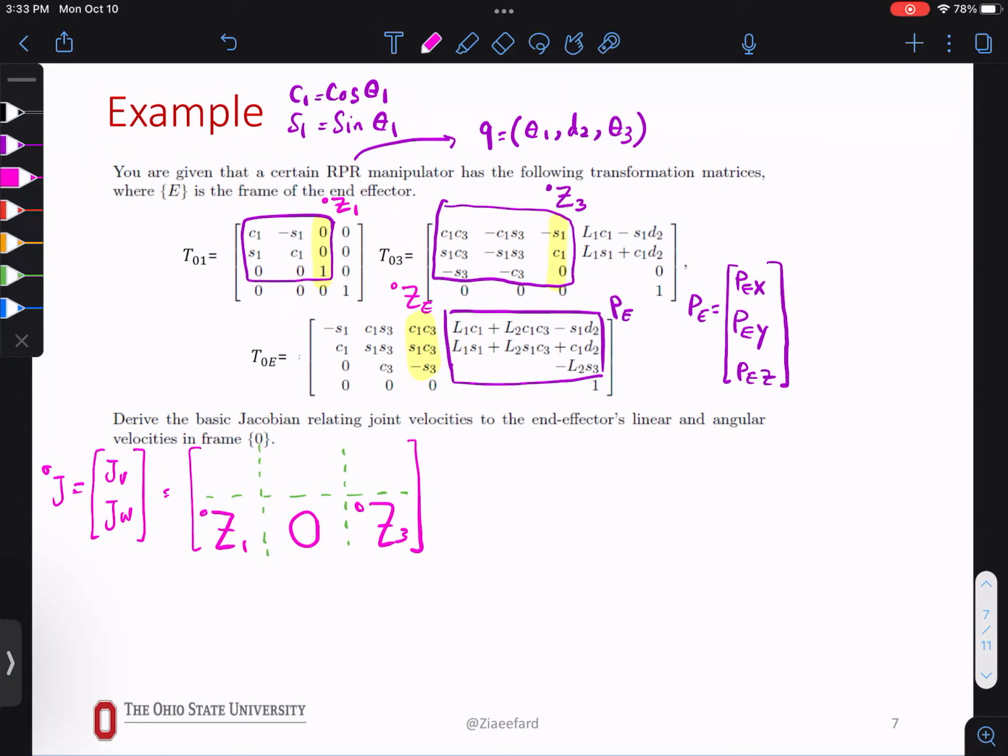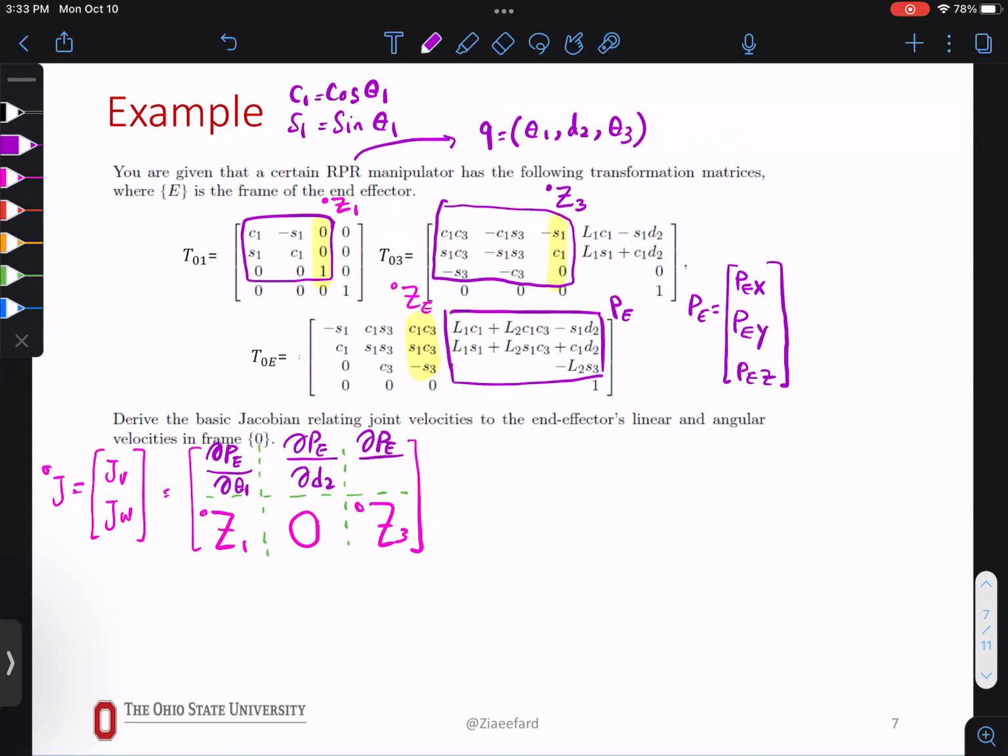Now the other half, we have the information, but we have to do a little bit of math. So the first one is the partial differential of PE, the position of the end effector, with respect to what? Theta 1, your first variable. PE with respect to D2, your second variable.